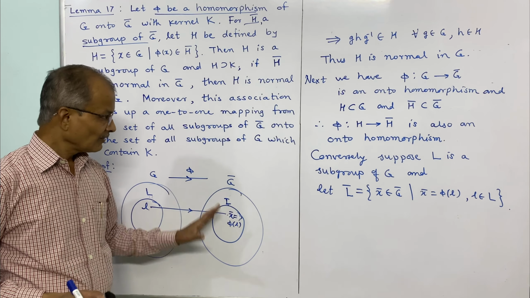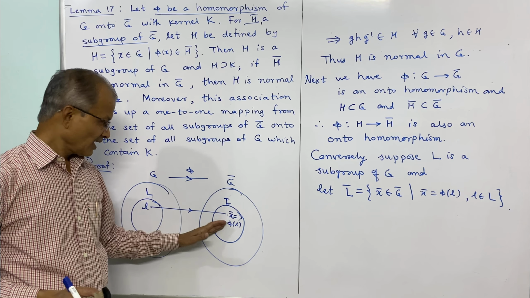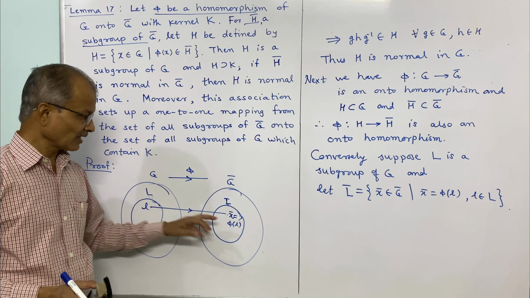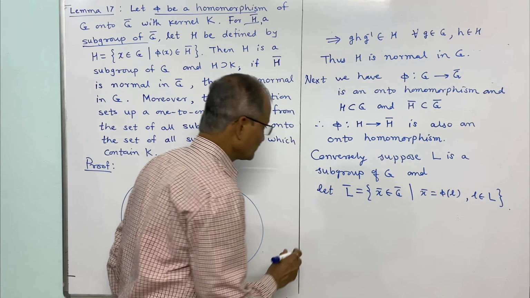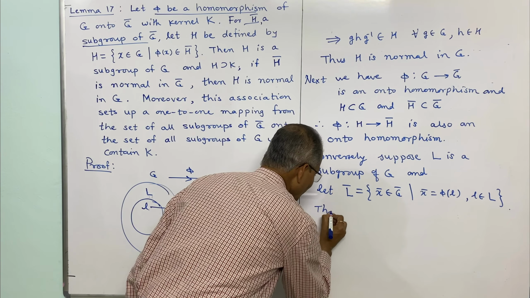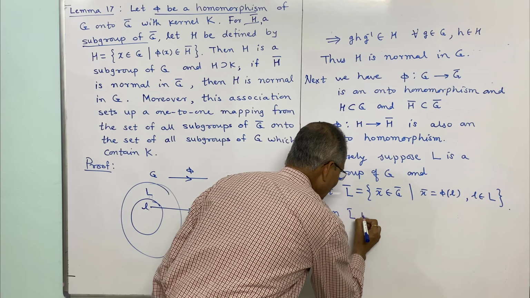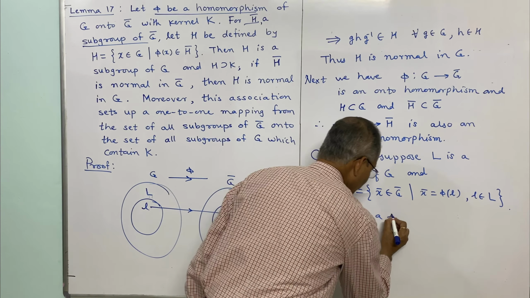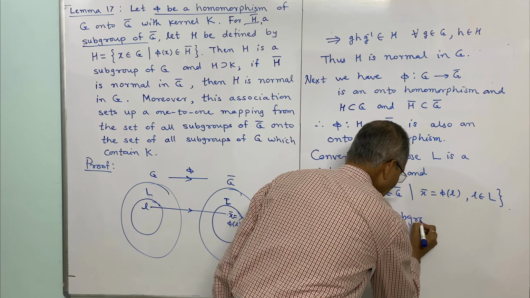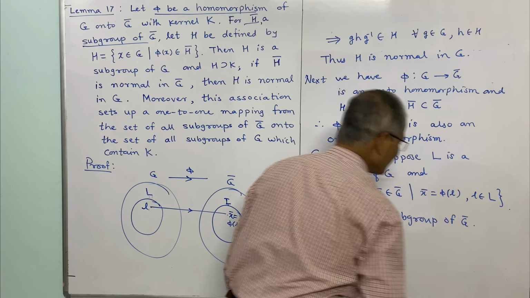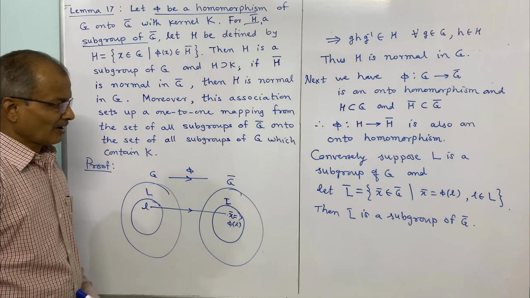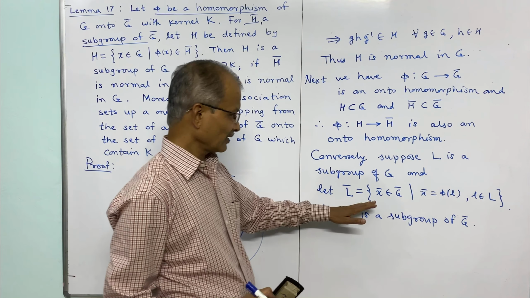In a similar way, whenever L is a subgroup of G, L bar is also a subgroup of G bar. Now it is easy to verify how it becomes a subgroup of G bar.